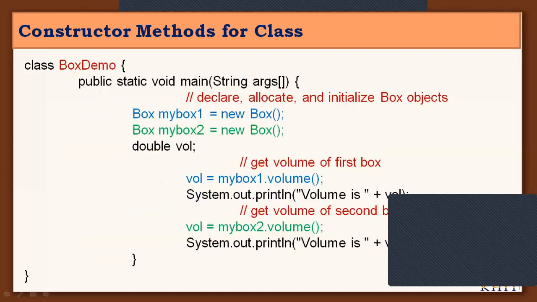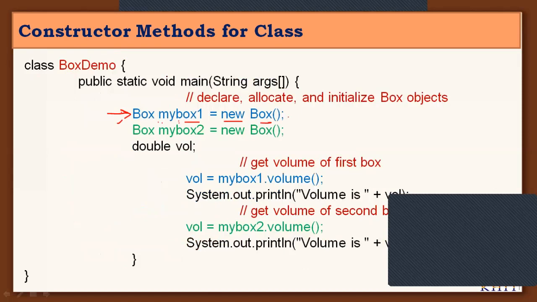Next, with that Box class, what can we do? We can find out the box volume. Here I have created one object of this Box class and created memory using the new operator and constructor.